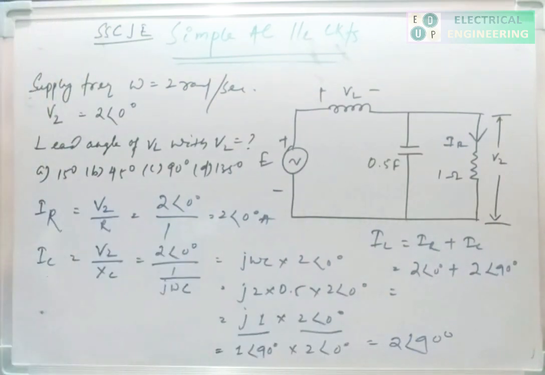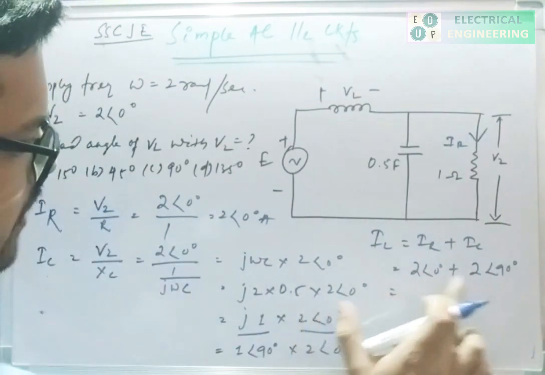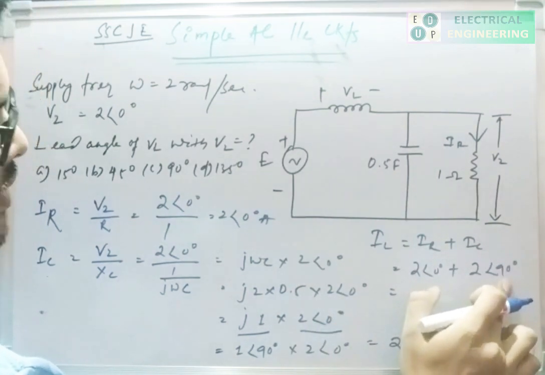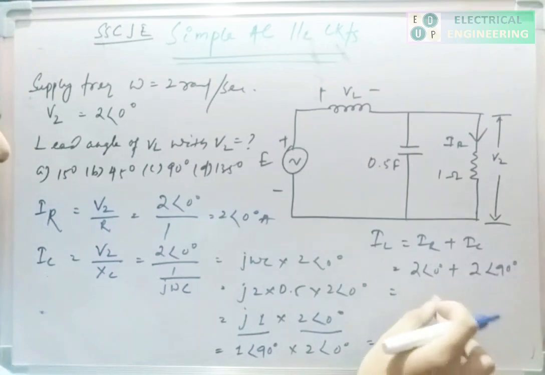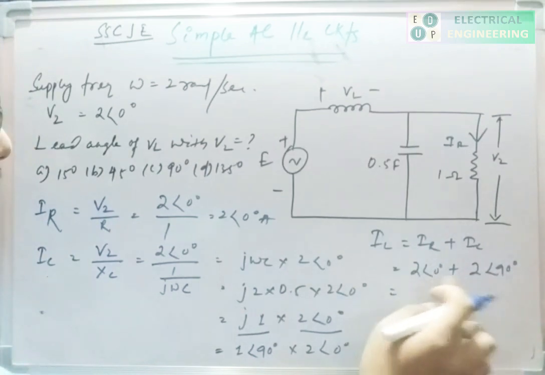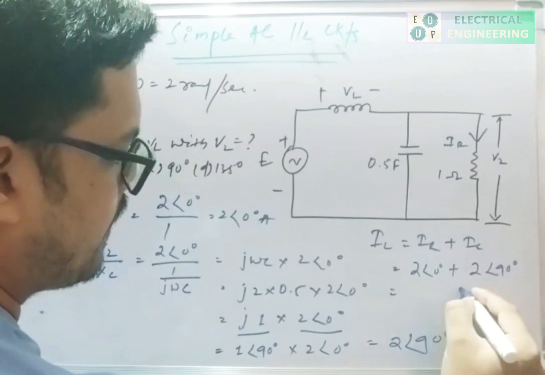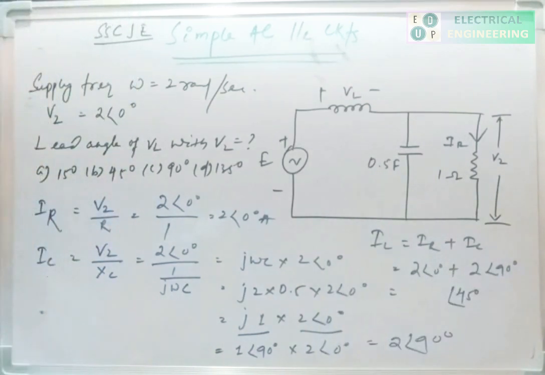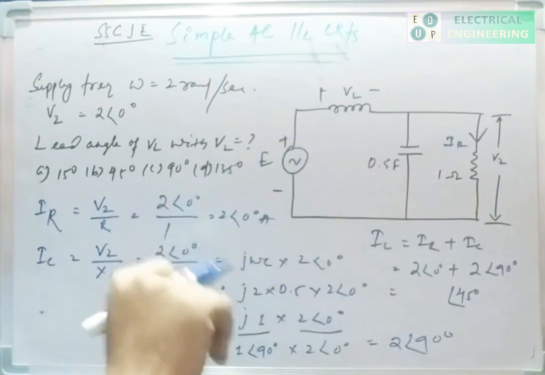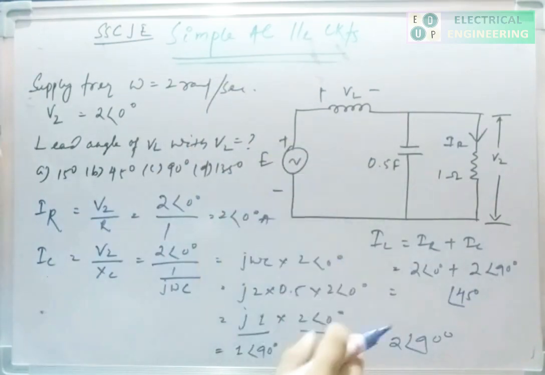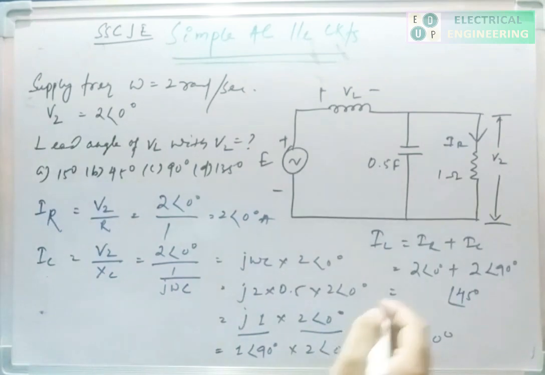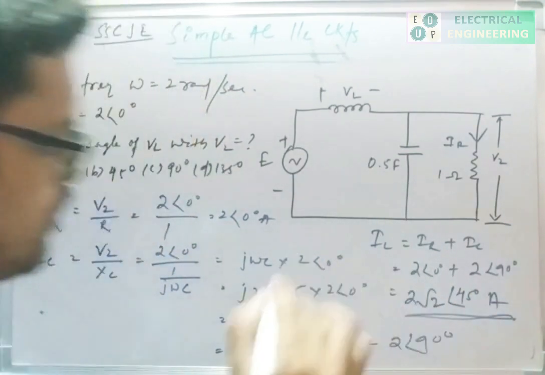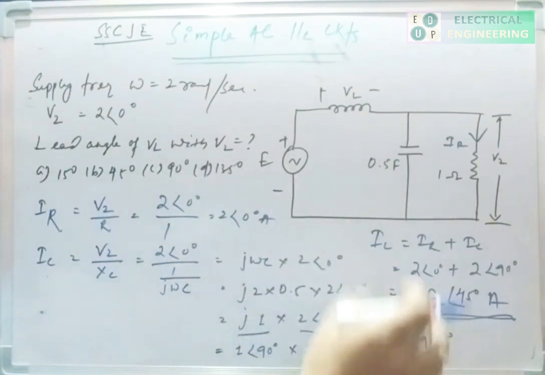See, you can do it directly also. Your magnitudes are the same, the phase angle is 0 and 90 degree. So the resultant will be in the middle of these two angles, that is 45 degree. And the resultant magnitude will be root over 2 square plus 2 square, root over 4 plus 4, root over 8, which is 2 root 2. So we got IL equal to this much.